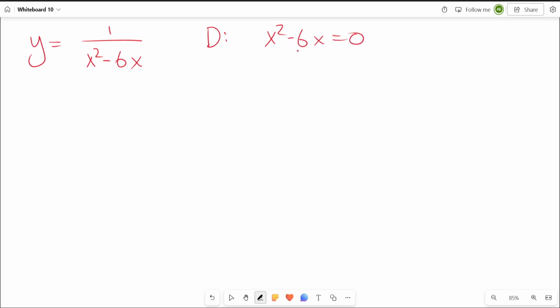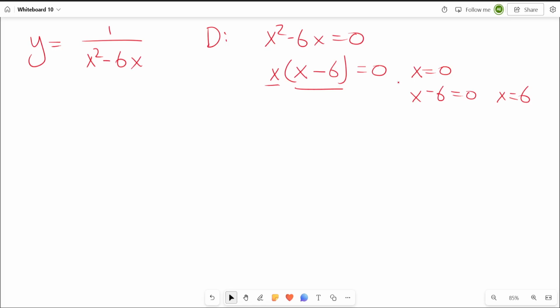Let's solve that. Let me take x as common. So it's going to be x squared divided by x, that is x, minus 6x divided by x, that is minus 6, equals 0. So I will have two solutions: when x equals 0, and when x minus 6 equals 0. That makes x equals positive 6.